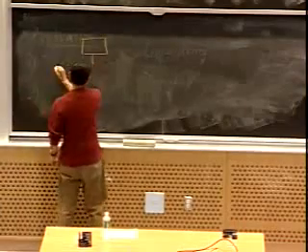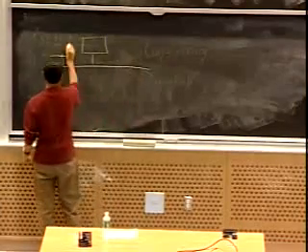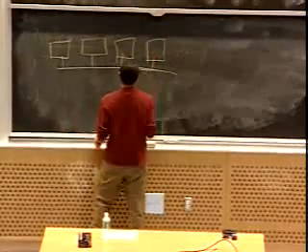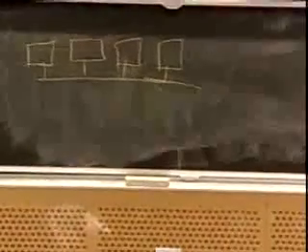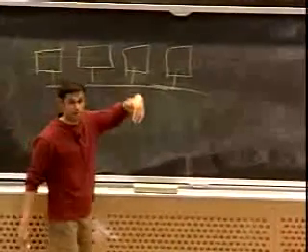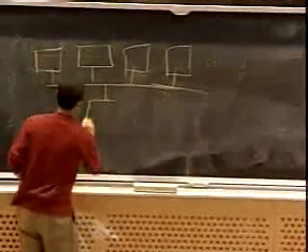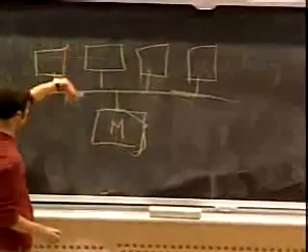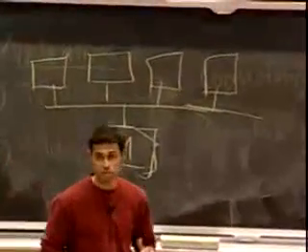If you have a computer which has many processors, the abstraction here is that of shared memory. You have memory sitting outside, and these processors are reading and writing data to this memory.